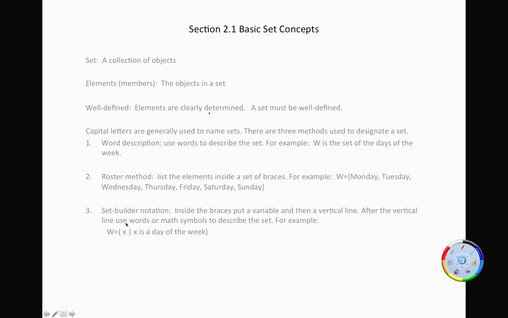Set builder notation uses this format down here, where again the braces are always read "the set." The x is read "of all x," and the vertical line is read "such that."